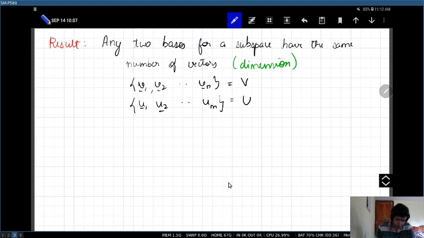So you should be able to write each vi as this matrix u1, u2 up to um times some coefficient matrix.